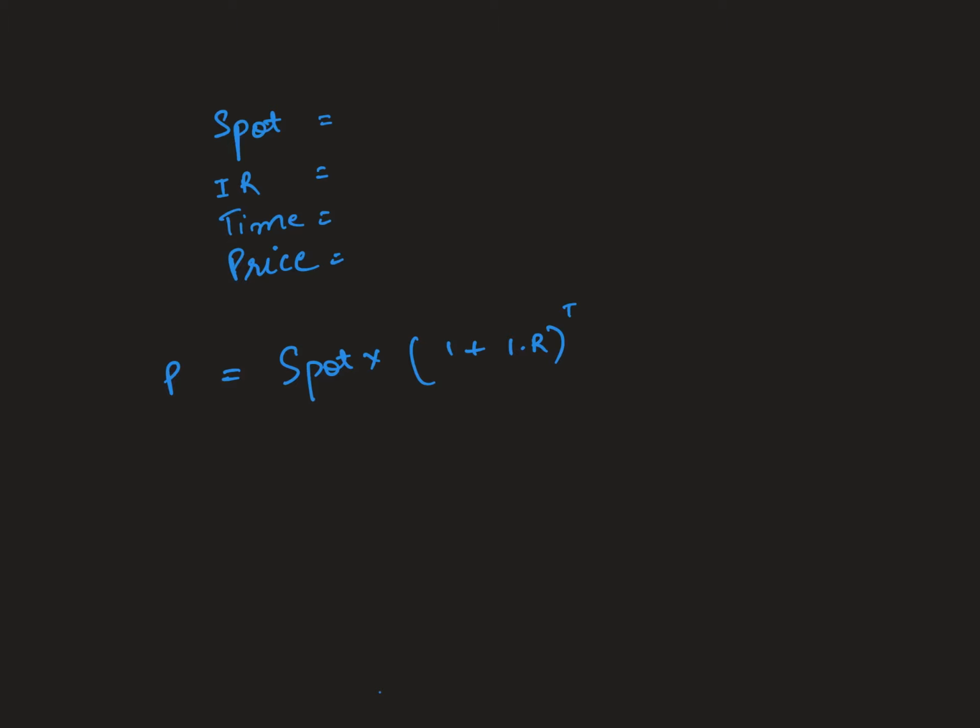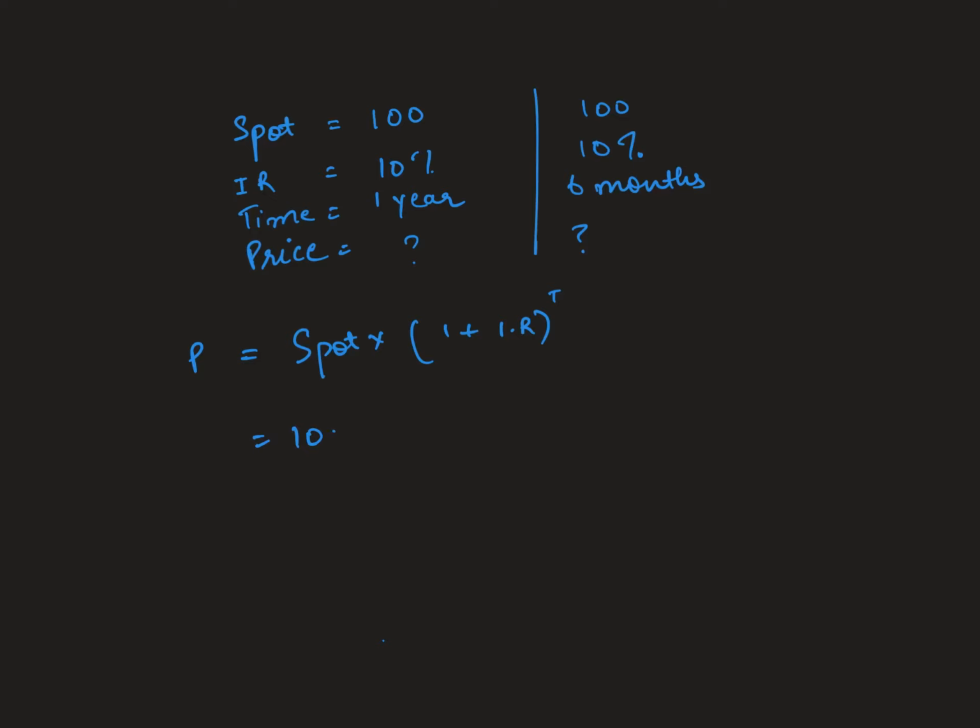So let's just take an example. I'm keeping the numbers very consistent to our previous example so that you can relate to it. Let's say spot is 100, interest rate is 10%. We are looking at 1 year. We will also look at 6 months criteria, 6 months time period. Find out the prices. Very simply, I know that 100 into 1.1 into 1, that's going to be 110.